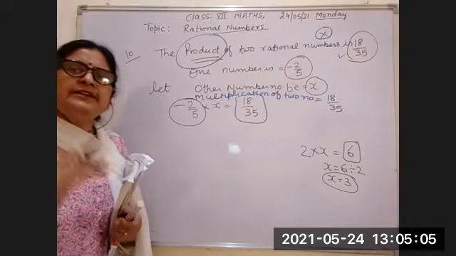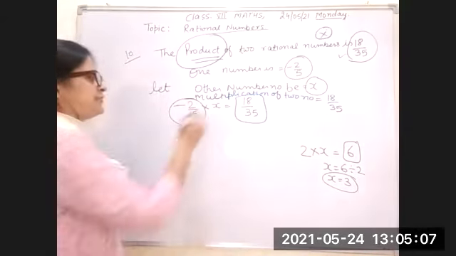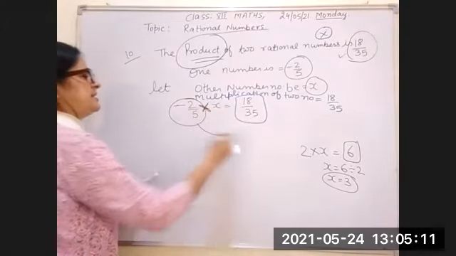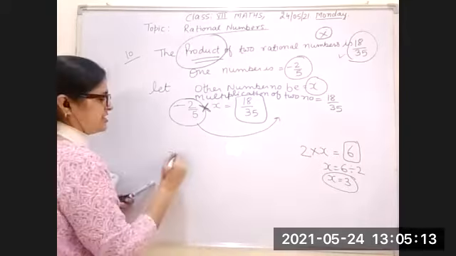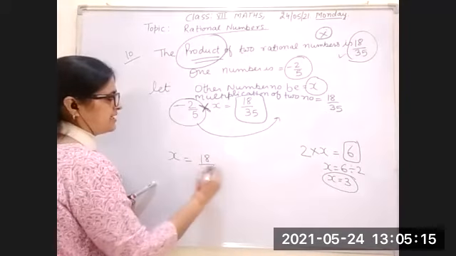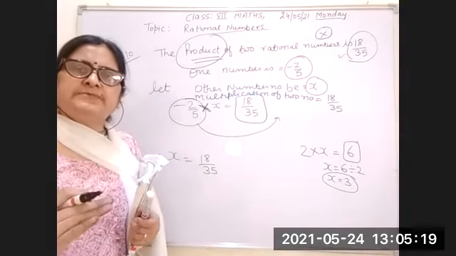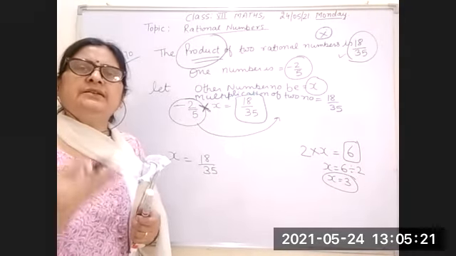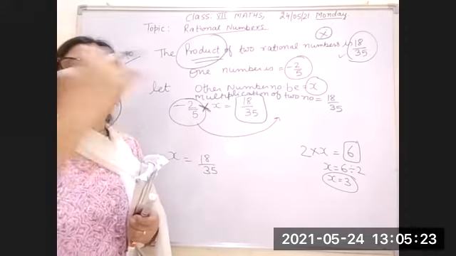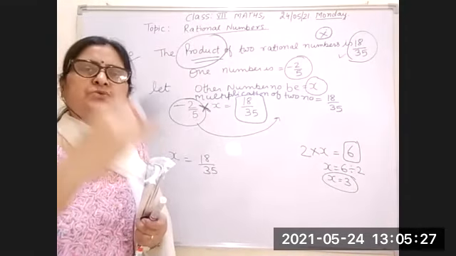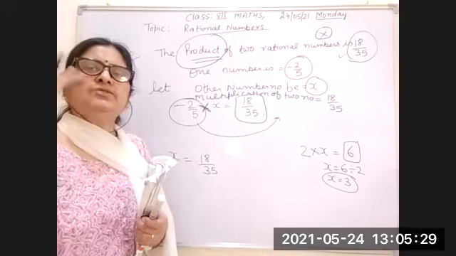If I transpose a multiplication by any number to the right hand side, it becomes divide on the right hand side. In addition and subtraction, when we transpose anything to the right or left, the sign changes: plus changes into minus, minus changes into plus.